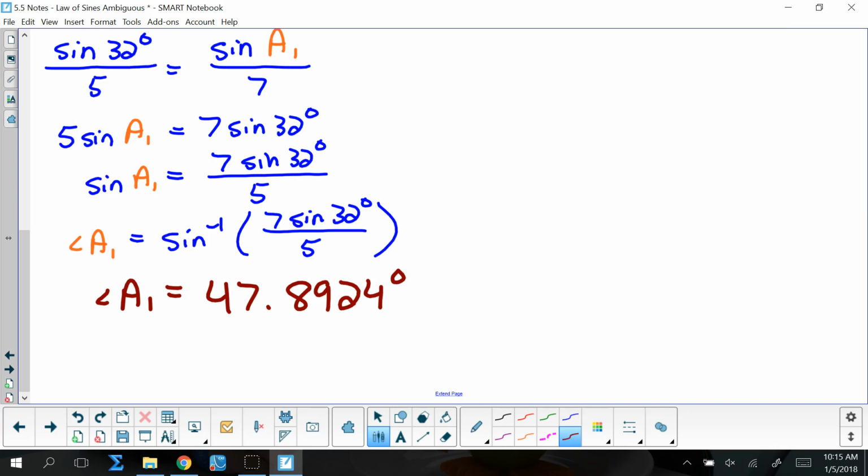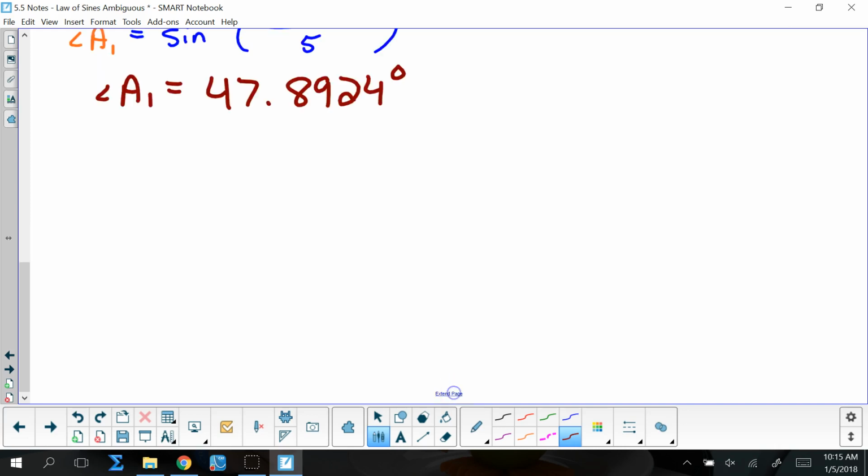What do you want to find next? Angle C, because now we have two angles of the triangle. Let's get that third angle.